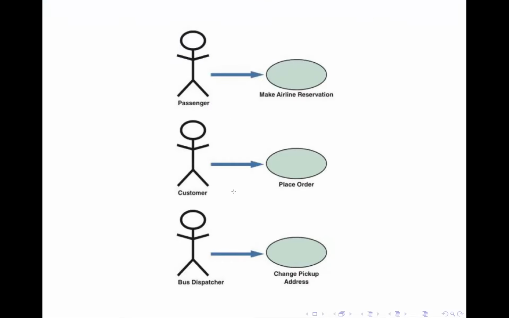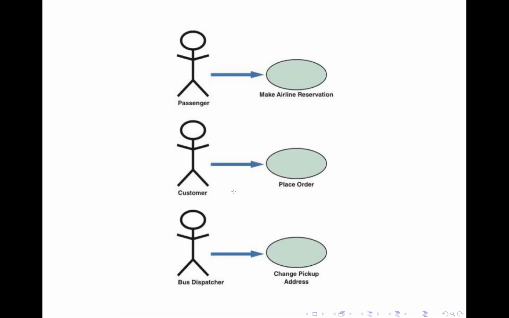Now, in this particular case, what you see is several actors with several use cases, right? The first one, you see the passenger, and the use case here is making an airline reservation. Some diagrams you might see have this task inside the oval, but I'm using the book's representation, where the use case is drawn outside.